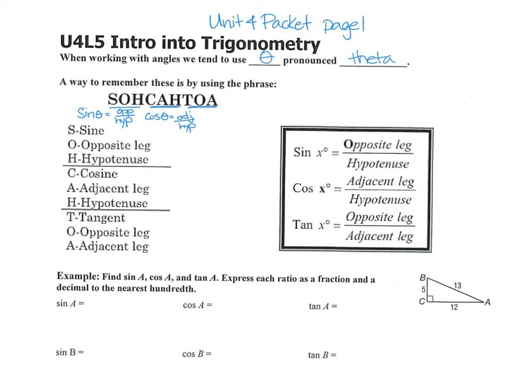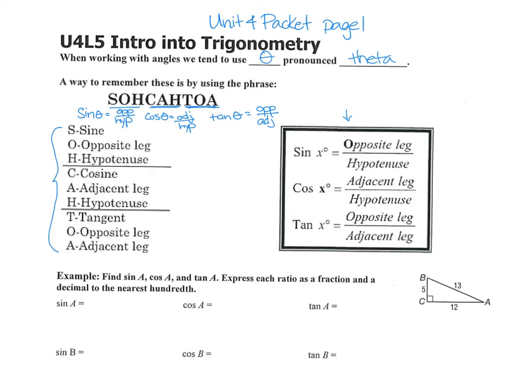And the TOA helps me remember that tangent theta equals opposite over adjacent. This is the first three letters in my formula: T for tangent, O for opposite, A for adjacent. So this box has the same three equations I just wrote, and the words for SOHCAHTOA are identified right here to the side.